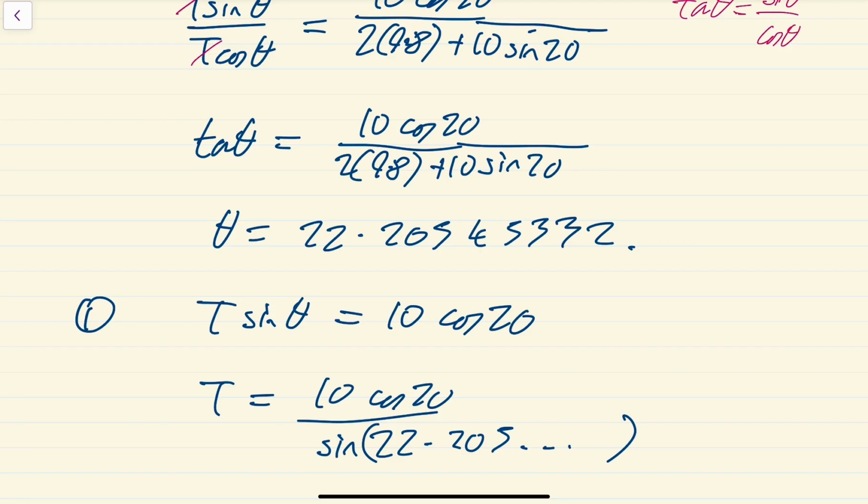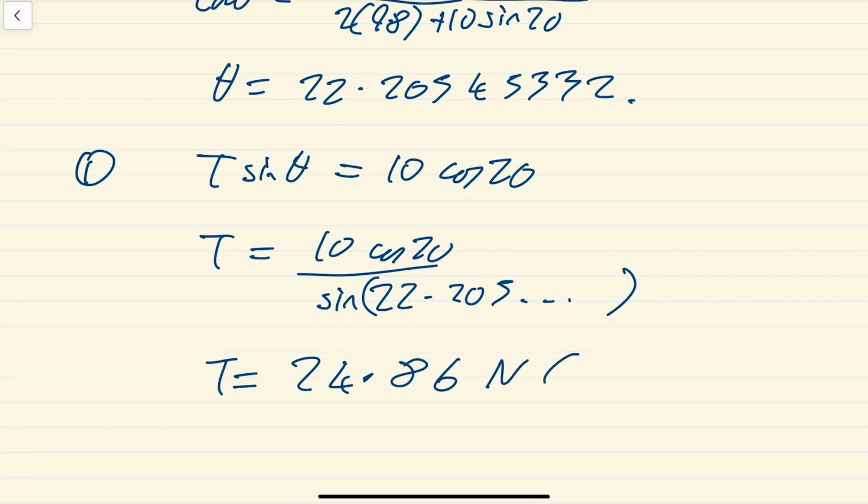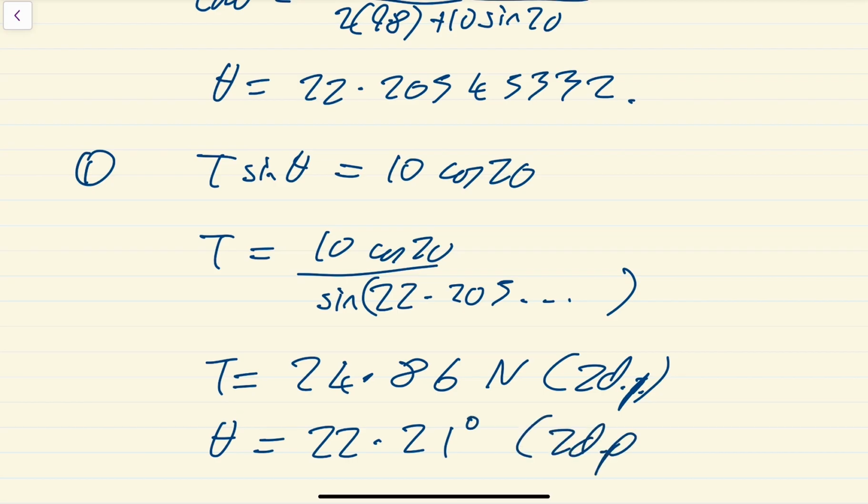So just do on your calculator 10 times cos of 20 and then divide all of that by sine of your answer, and that's the best way to get the best possible answer. So that works out that T is equal to 24.86 newtons to 2 decimal places. And your last thing to do, give your theta to 2 decimal places as well, so 22.21 degrees to 2 decimal places, and that is us done.